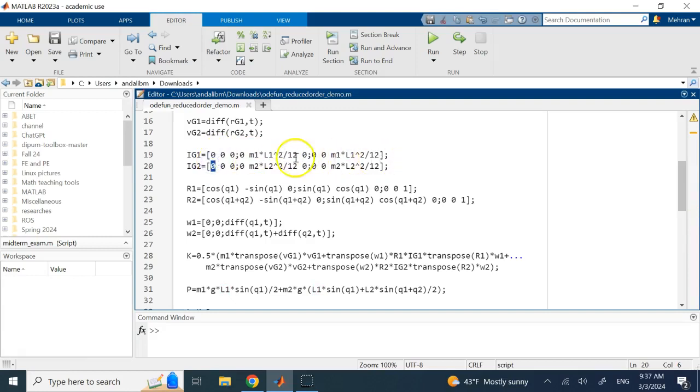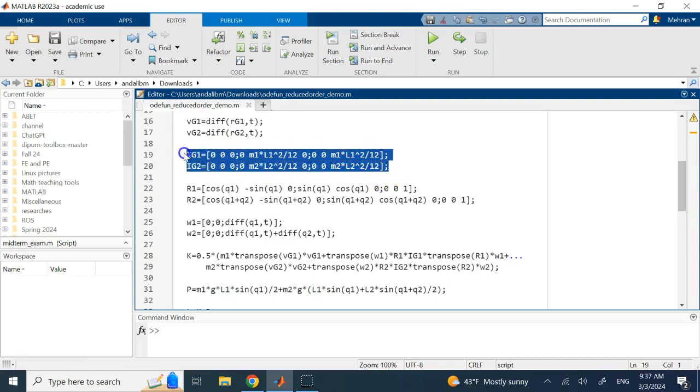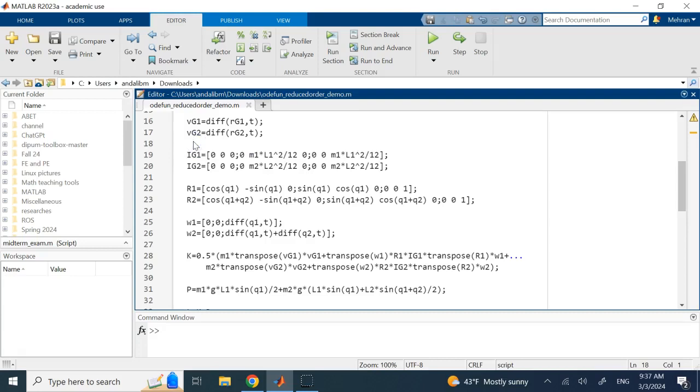And there is no product term, so these are the inertia matrices about the body attached frame for member 1 and 2. Rotation matrices are rotation z's, as you know. So the first one is rotation z angle q1, the second one is rotation z angle q1 plus q2. And the omegas here, which I showed with W instead, are 0, 0, q1 dot, right?